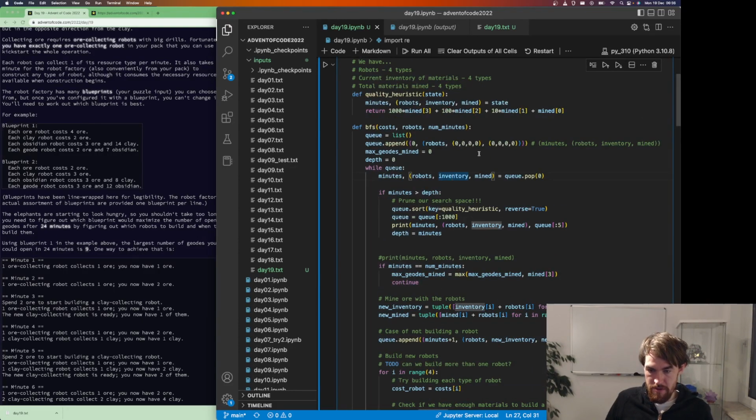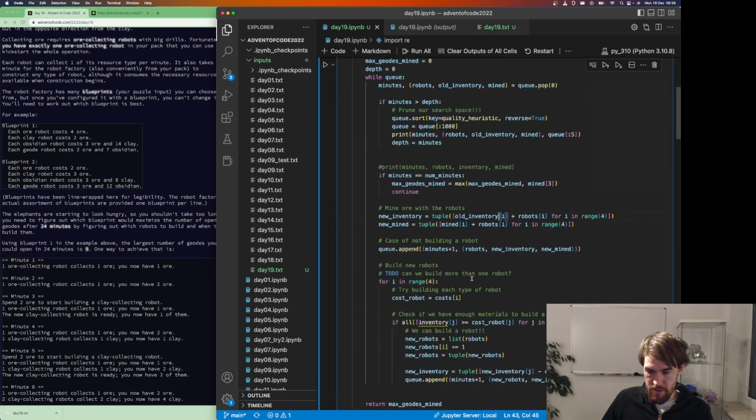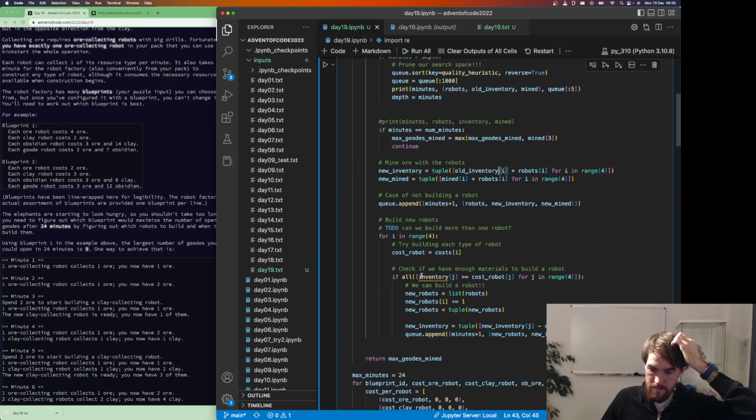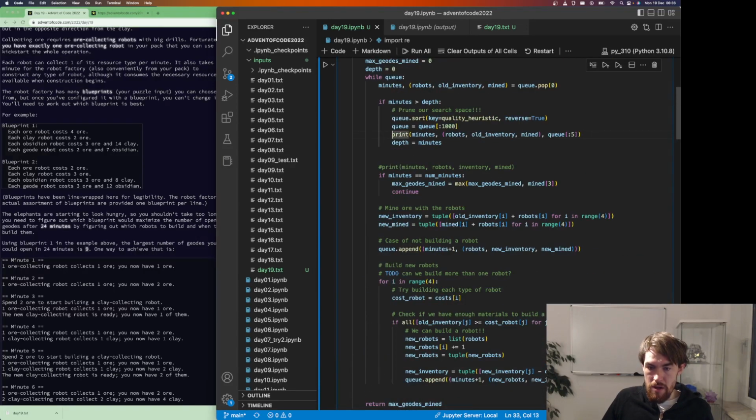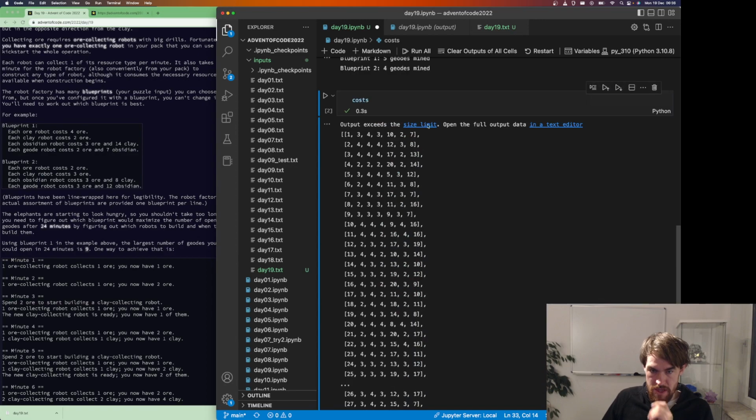Let me actually rename this to old inventory, because then it's way clearer what we're having. If the old inventory was more than the cost of the robots. Yeah, okay, that makes sense. Let's see.